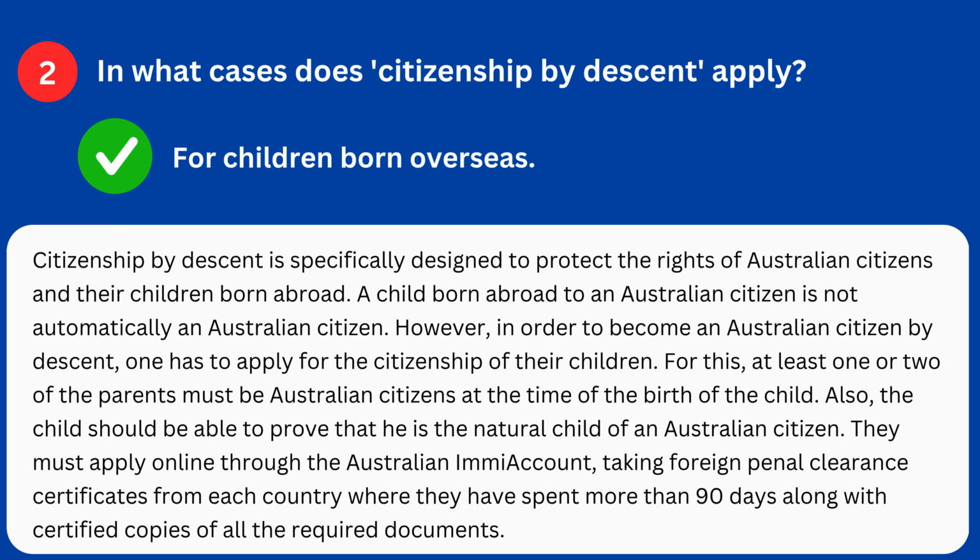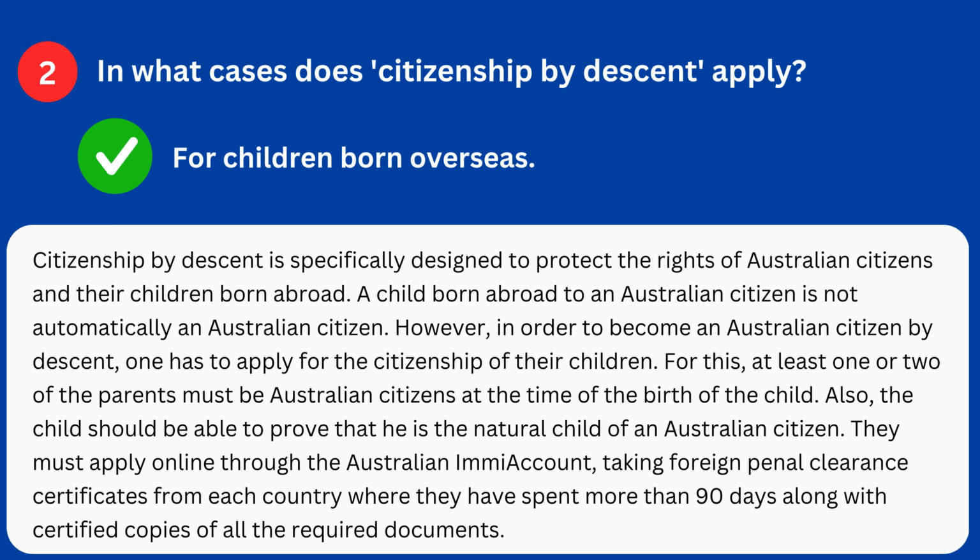Explanation. Citizenship by descent is specifically designed to protect the rights of Australian citizens and their children born abroad. A child born abroad to an Australian citizen is not automatically an Australian citizen. However, in order to become an Australian citizen by descent, one has to apply for the citizenship of their children.